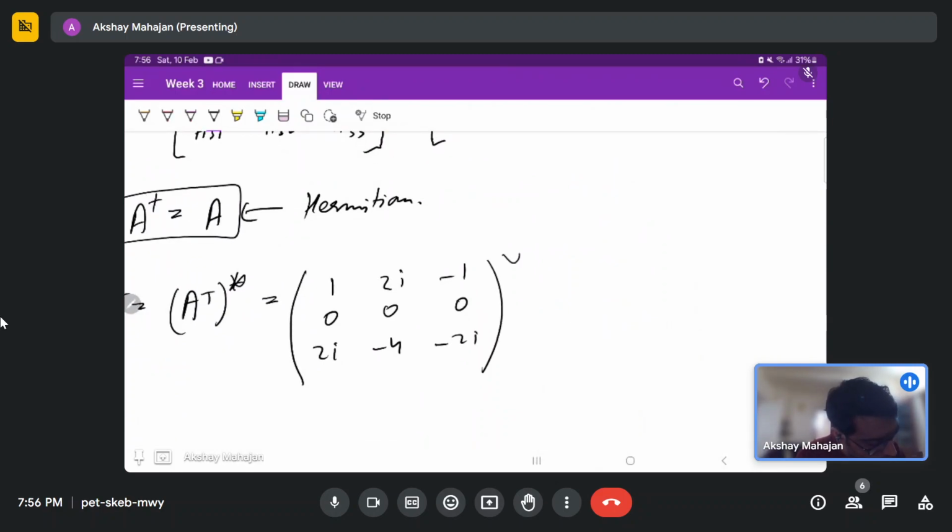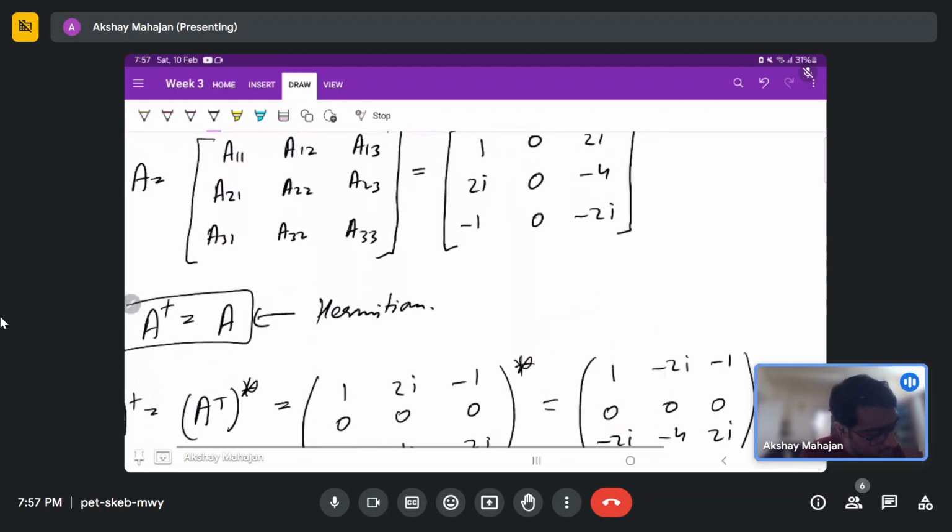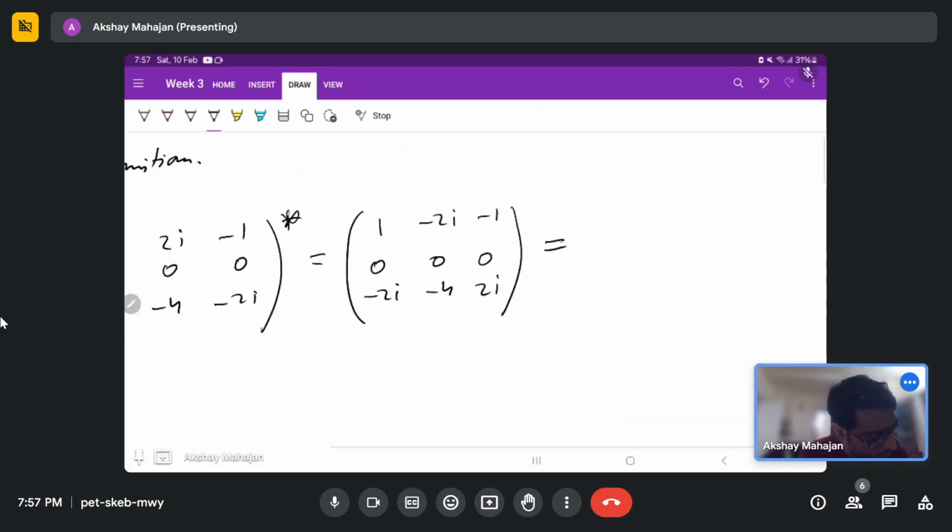Then you take the complex conjugate of this, it will be 1 minus 2 iota minus 1 0 0, and this will be minus 2 iota minus 4 and 2 iota, and we can see that it is not equal to A.